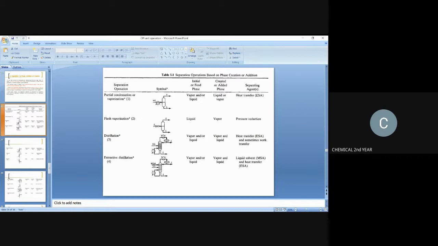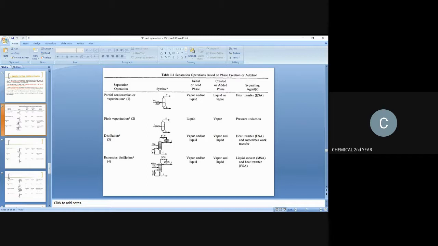First one is partial condensation or vaporization, where the initial fluid is vapor or liquid, the created or added phase is liquid or vapor, and the separating agent is heat transfer. Next, the separation operation is flash vaporization, where the initial fluid is liquid, the created or added phase is vapor, and the separating agent is pressure reduction.